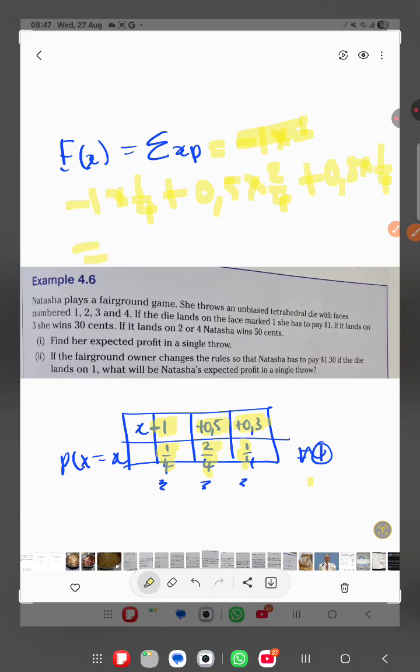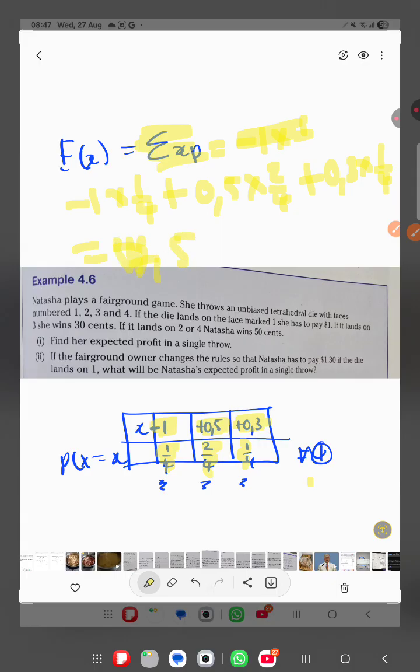Put all of that into your calculator. So expectation is the summation of x multiplying p, x multiplying p, x multiplying p added together. And the answer to that question should be 7.5 cents.